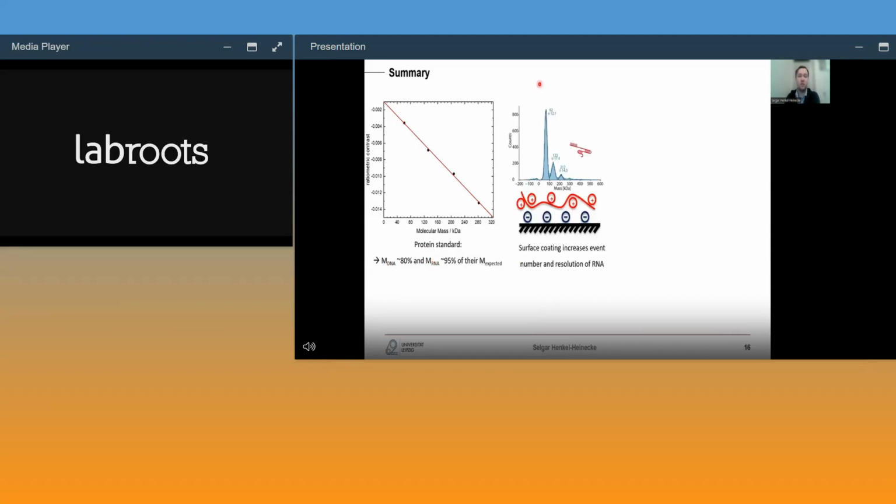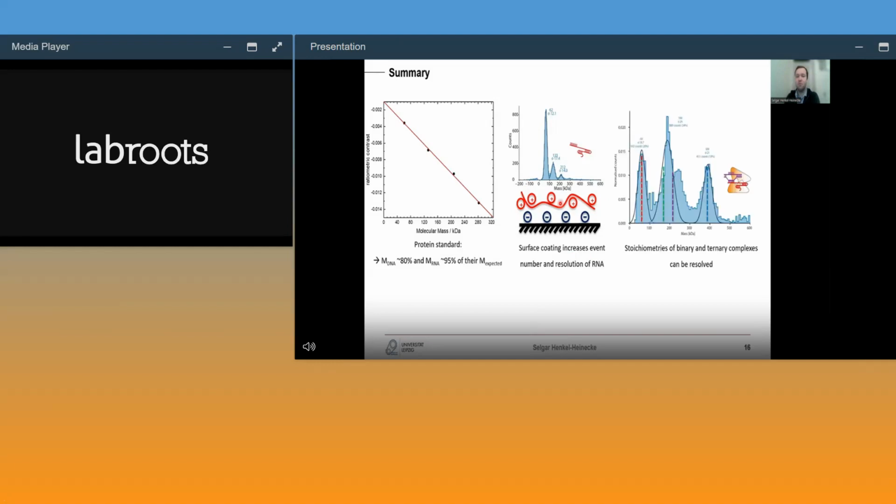To really measure nucleic acids and to increase the event number and the resolution, you should coat your surface with polylysine before a measurement. Then such stoichiometries of binary and ternary complexes can be resolved. You can also do it as I showed you one slide before with the desorption events as well. But you can ask me about this later on.